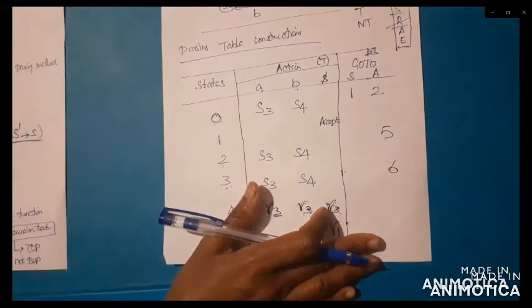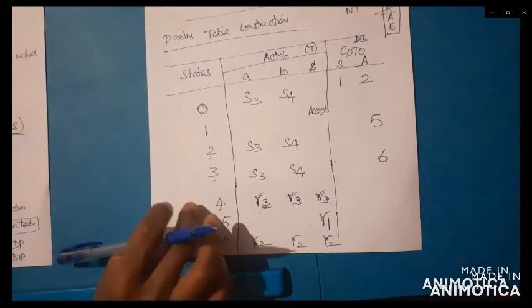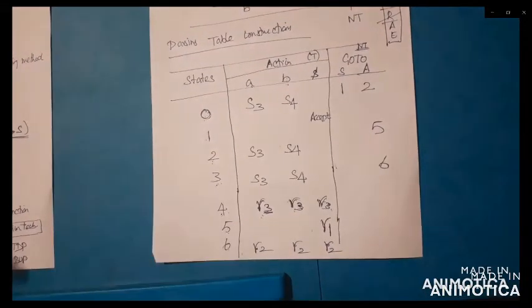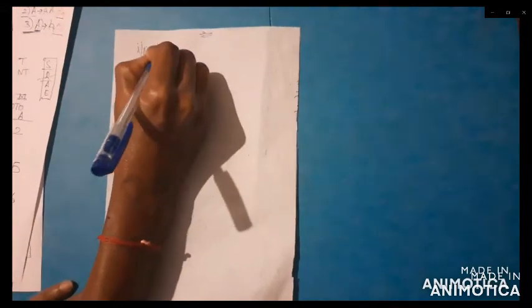So what about the next step? After completing the parsing table construction, we have to check the input strings. How do we check input strings in LR(0) items?